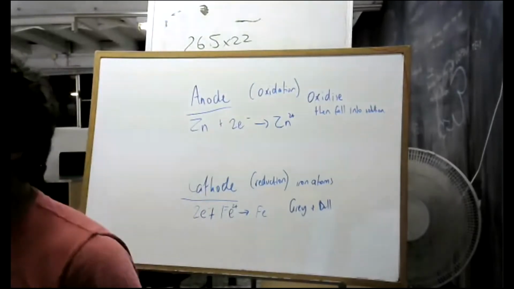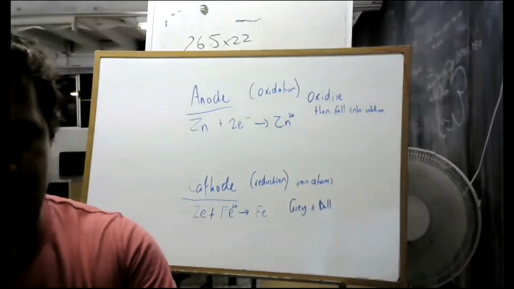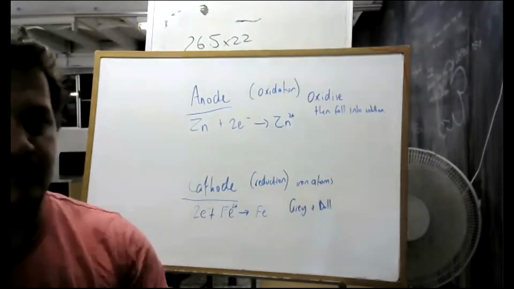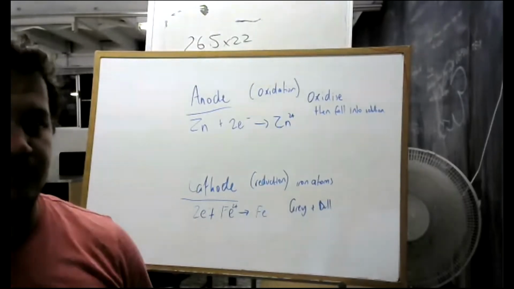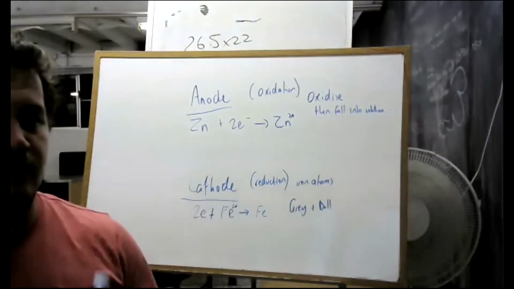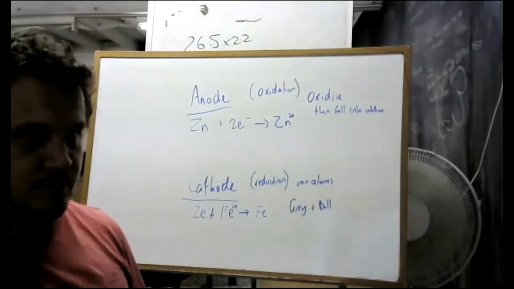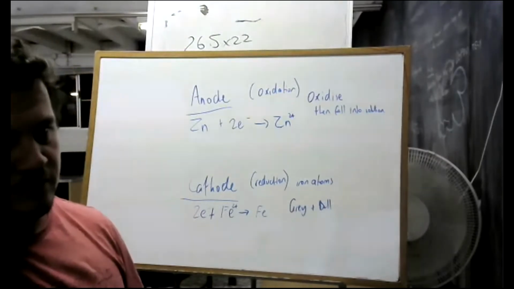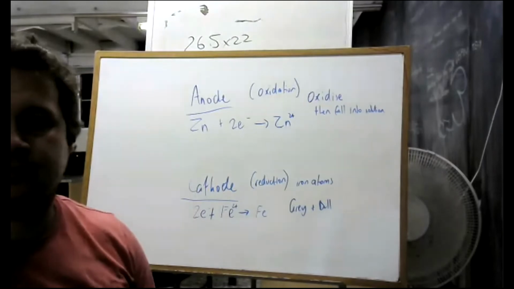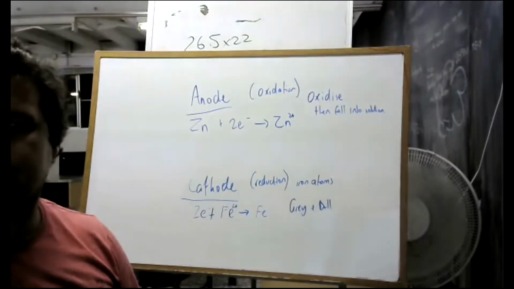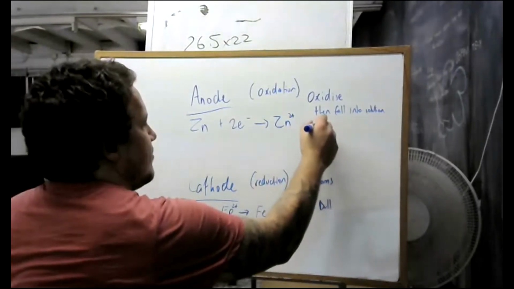And you have 65 seconds here. So the oxidation of zinc is 0.76 volts.